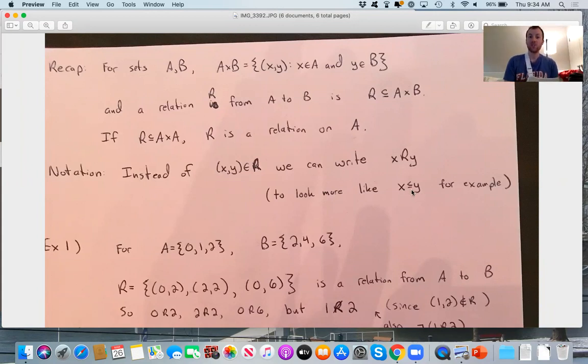Here, less than or equal to is a relation. It's some way of relating real numbers to other real numbers, and you can think of it as a set of ordered pairs. But we don't write something like (x, y) is an element of less than or equal to. We have it in the middle of them, showing that they're related in a certain way. So sometimes we'll use this notation too, not always, but just so you aren't totally lost when you see that.